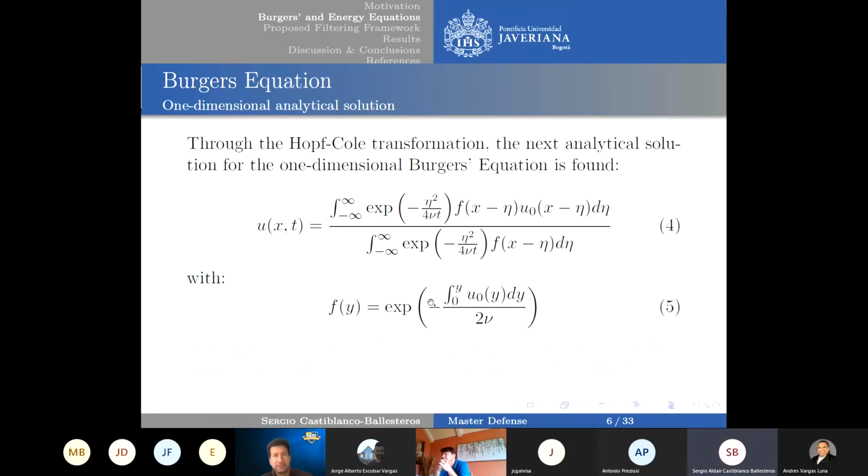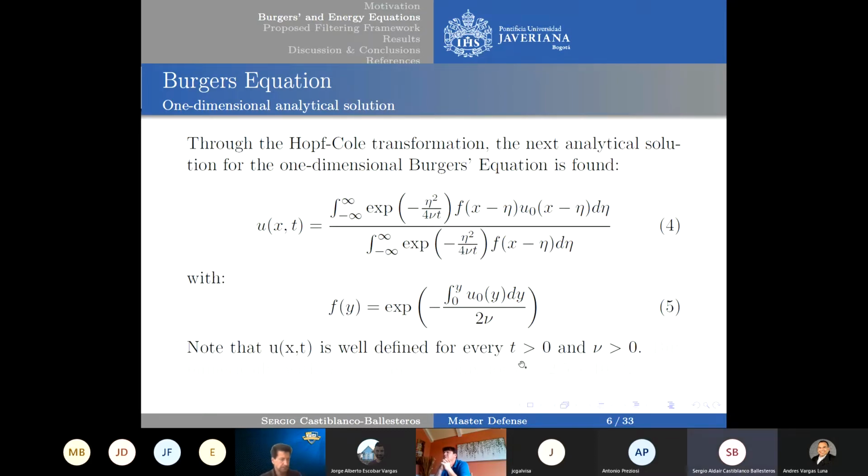So this is the analytical solution to the one-dimensional version of Burgers equation, which is found through the Hopf-Cole transformation. Here u sub 0 is the initial condition, and all these functions are Gaussians. The solution u is well defined for every t and viscosity greater than 0.